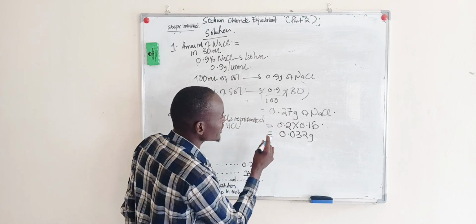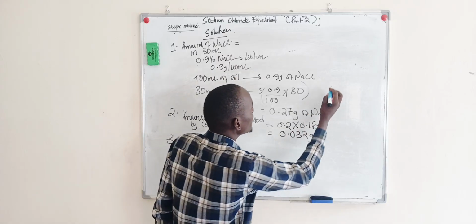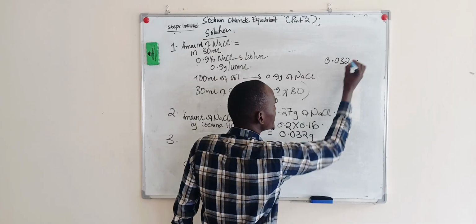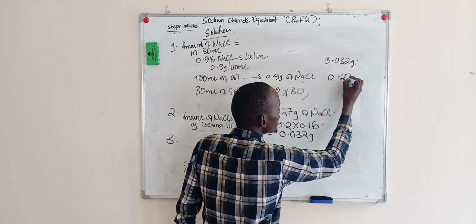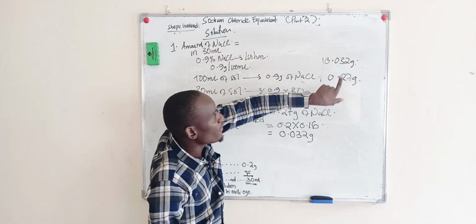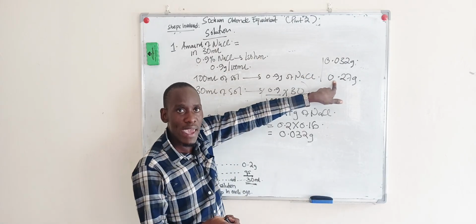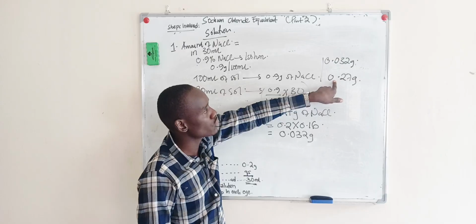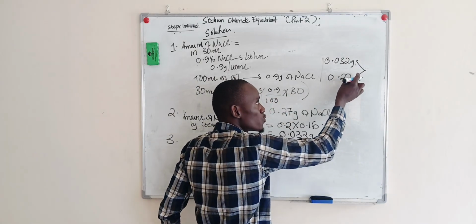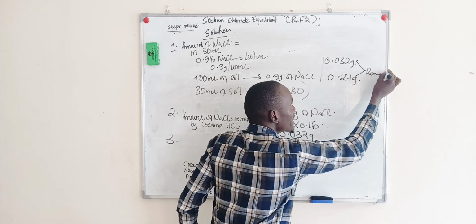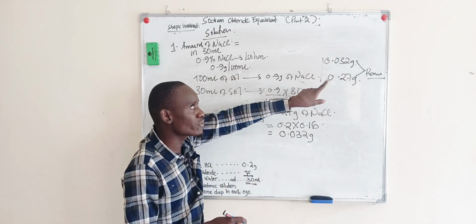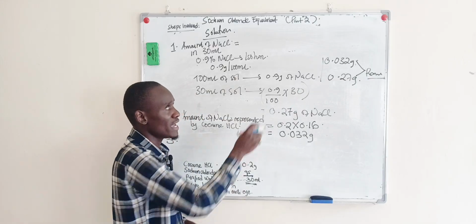You can see very well that when we compare 0.032 grams and 0.27 grams, this value is far less than what is required to adjust such a solution to isotonicity. So, when we get the difference between these two, the remainder becomes the amount of sodium chloride that is required to adjust such a solution to isotonicity.